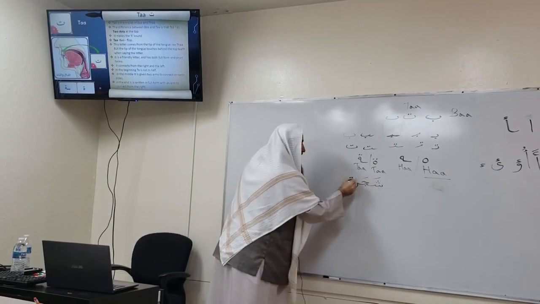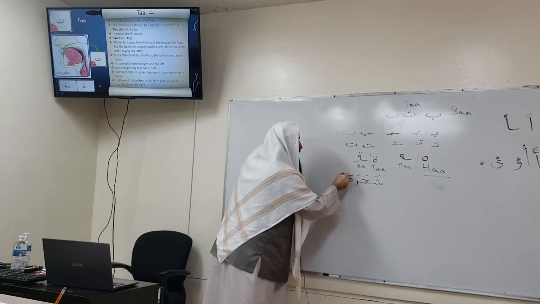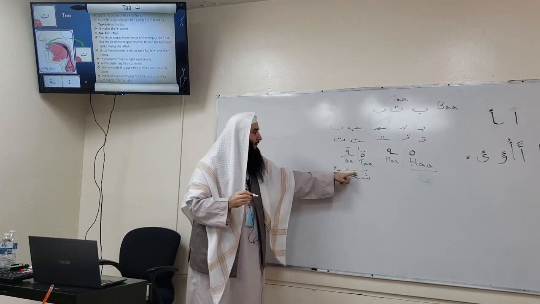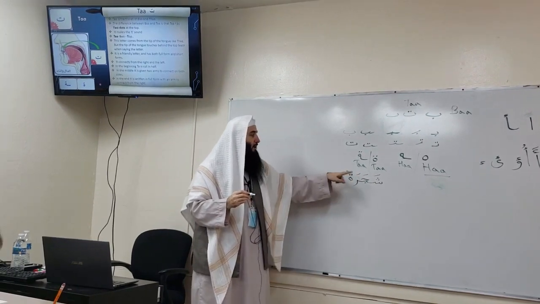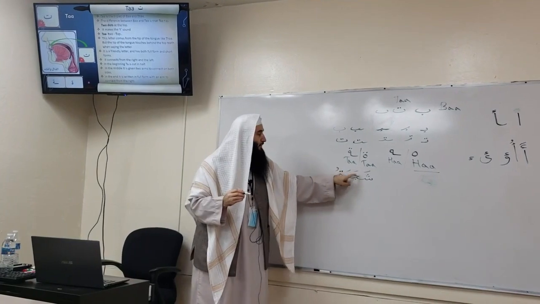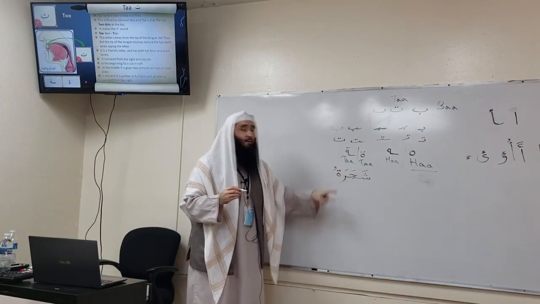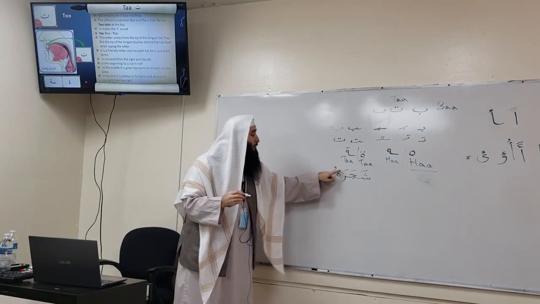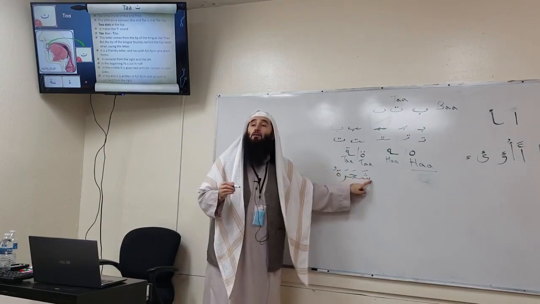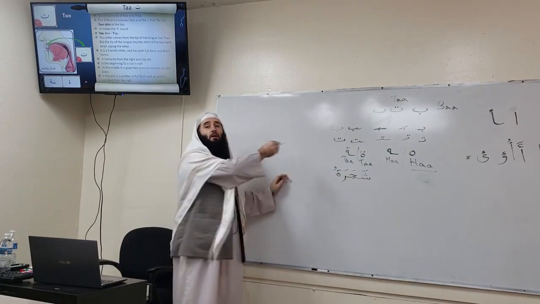Sha, Ja, Ra, ta. For example, Fatha, Fatha, Fatha, Dhamma. Shin with Fatha, Sha. Jim with Fatha, Ja. Ra with Fatha, Ra. Ta, two dots here, with Dhamma, tu.